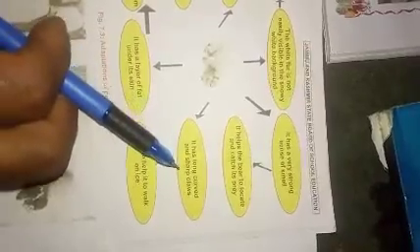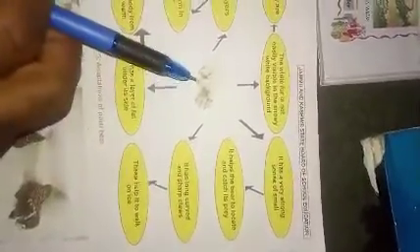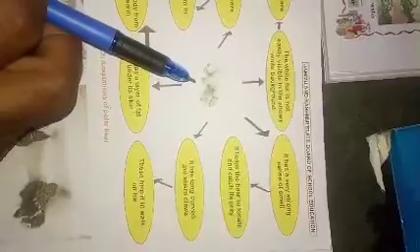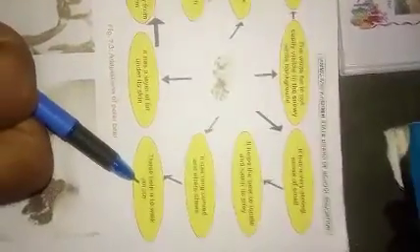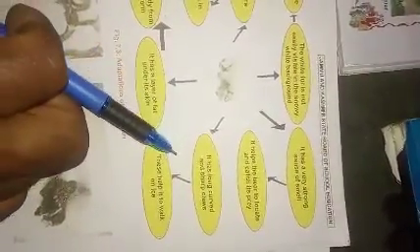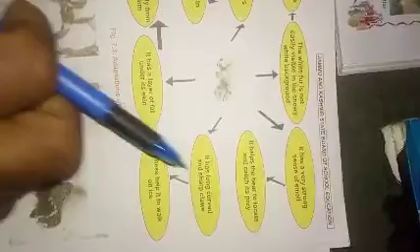So another feature of this polar bear is that it has long, curved and sharp claws. These long, curved and sharp claws help it to walk on ice, because he needs to move from one place to another in search of food. So these claws, which are curved and sharp, help it to walk on ice.